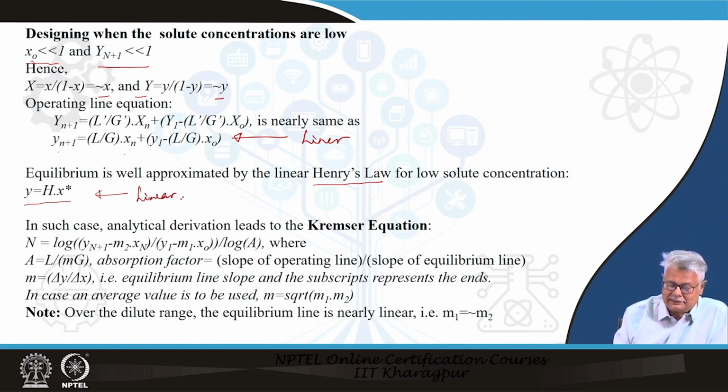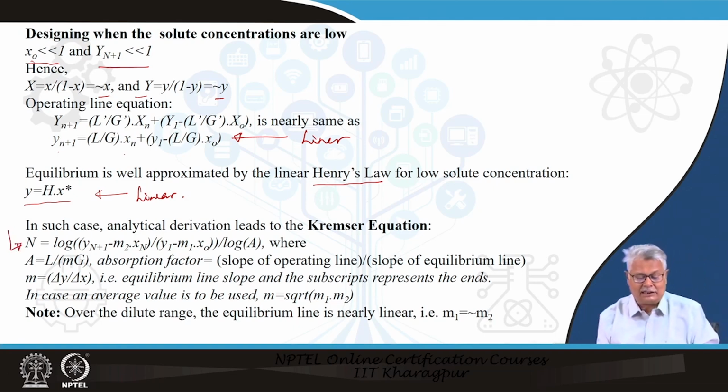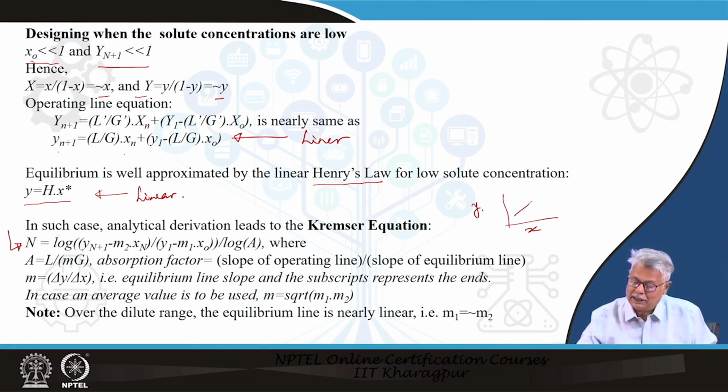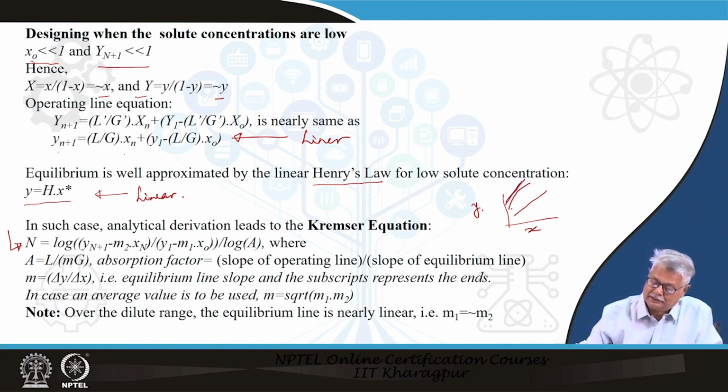Now when I say this, it is possible for us to derive an analytical expression for the number of stages required. Now this analytical expression involves one thing. See, basically what you have here is an x and a corresponding y, and a linear equilibrium relationship, nearly a straight line.